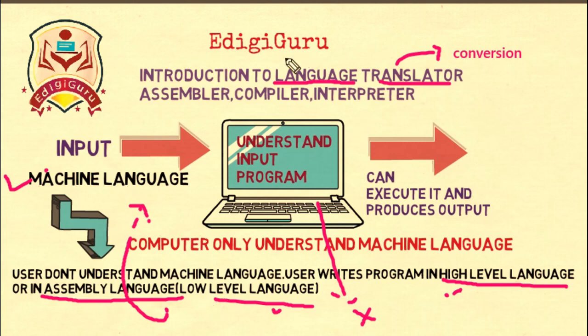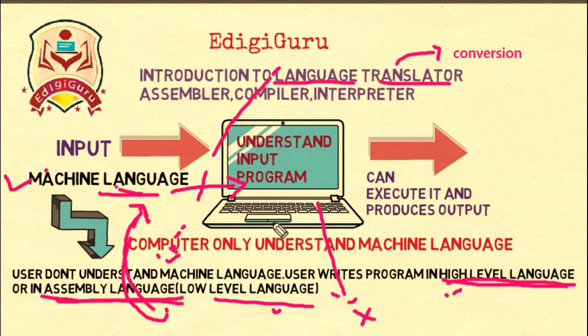And thus here the language translators come into the picture, which convert the high level language program or assembly level language program into the machine language which the computer can understand, and the computer can execute the set of instructions inside that program and produce the respective output.